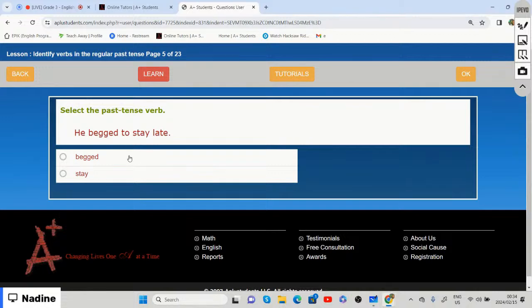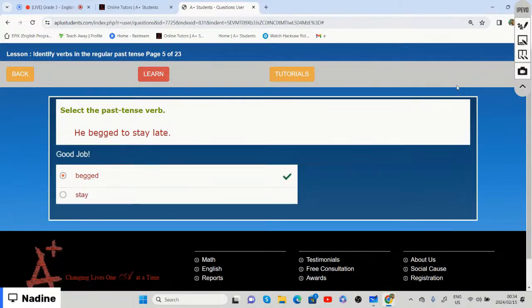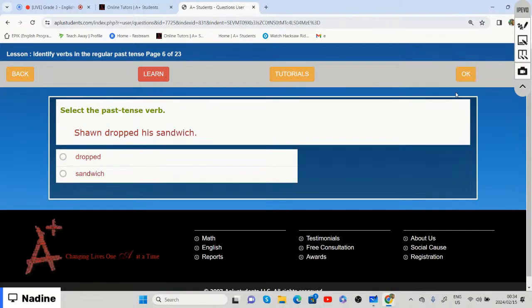And then we will choose begged. He begged to stay late. So begged is our correct regular past tense verb, right?